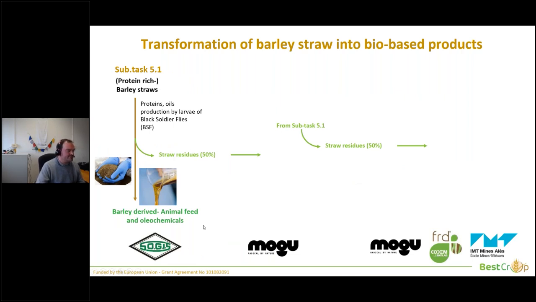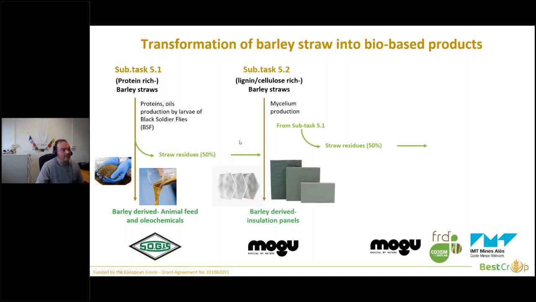For instance, Sogis, a leading company in the sector of oleochemicals, will use barley straw in combination with black soldier flies to produce proteins and biolubricants.